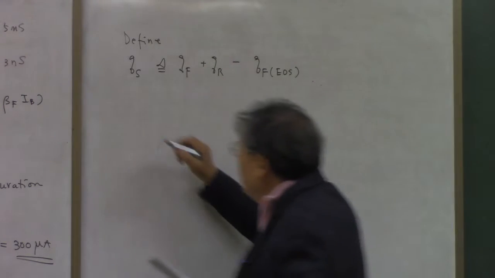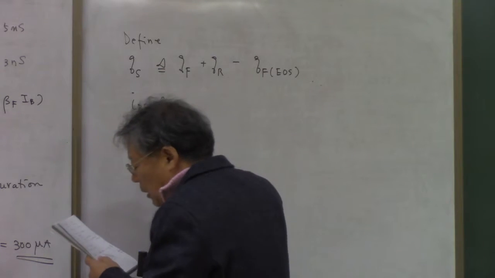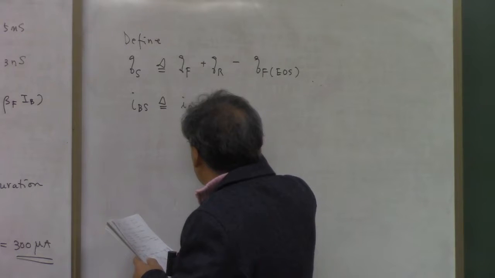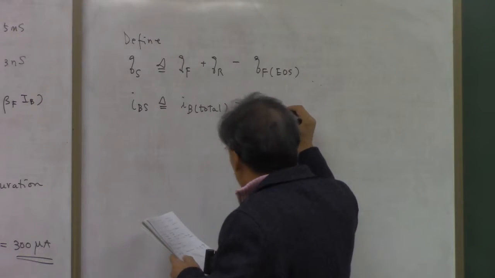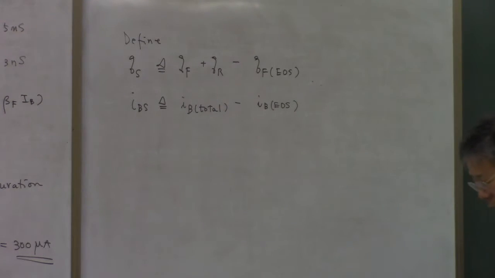Okay? And then accordingly, we just set the current IB total minus IB at edge of saturation. Okay, we just define this.